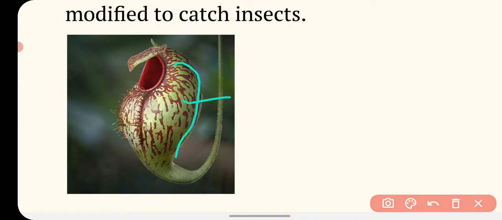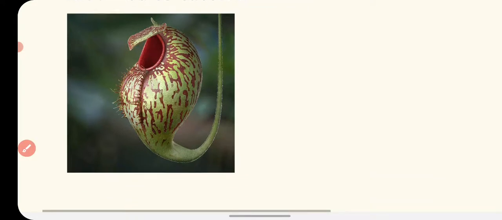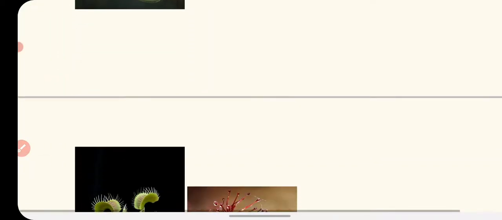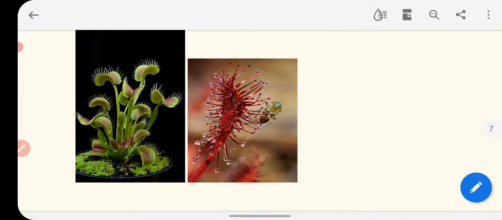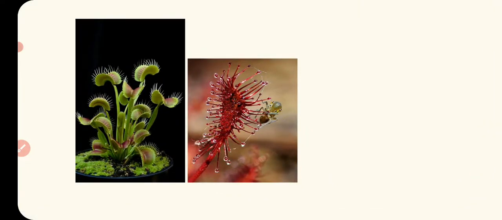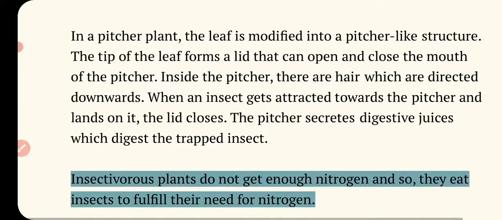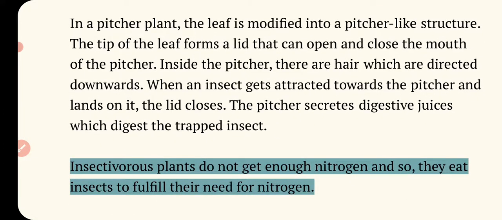This plant has modified leaves, and this small leaf over here acts as a lid, and whenever the insects get here, they get trapped in this leaf, and they get digested by the digestive juices secreted by these plants. Here this is the Venus flytrap, and this is the sundew plant.